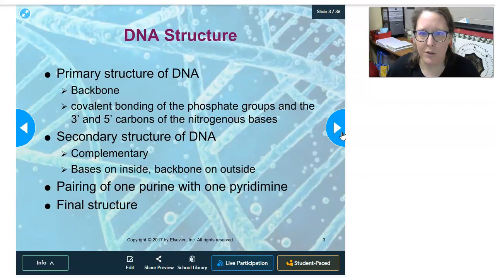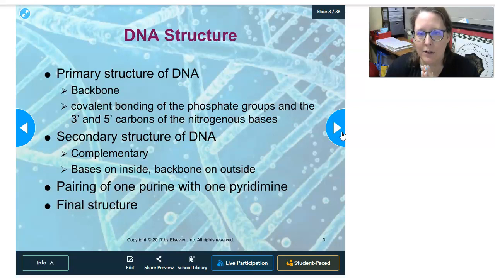The primary structure of DNA consists of a sugar phosphate backbone made of the covalent bonding of the phosphate groups and the 3rd and 5th carbons of the sugars. There are 2 backbones, 2 strands.